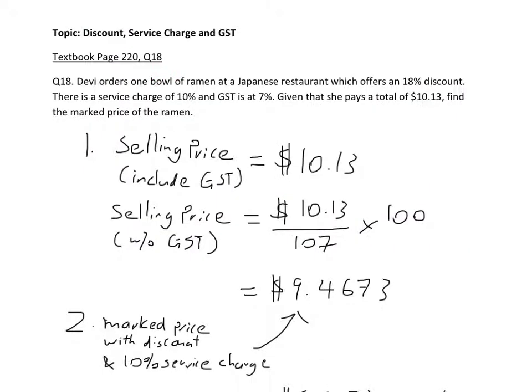For this next question, it's the same as the previous question. We need to use the 3 steps to do this reverse percentage question. Again, they give you the final bill, or the final selling price, of $10.13 after GST of 7%, after service charge of 10%, and after 80% discount from the original mark price.